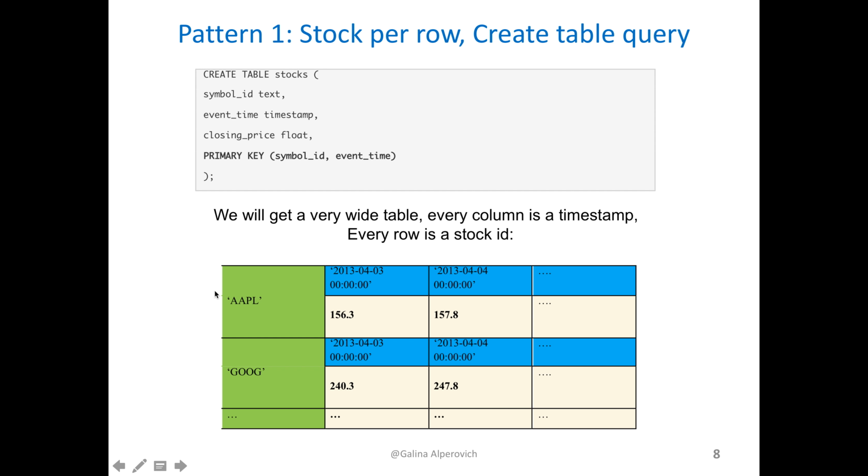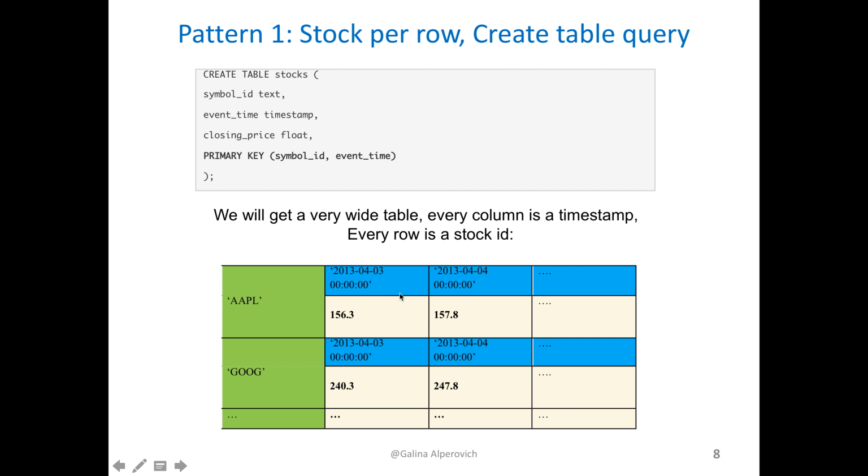That means all data for Apple stocks will be stored in one row, and for every column we have different timestamps. Again, the Google stocks will be stored in a different row, and for every timestamp we have different columns. Rows are independent, so timestamps can be different for different rows.